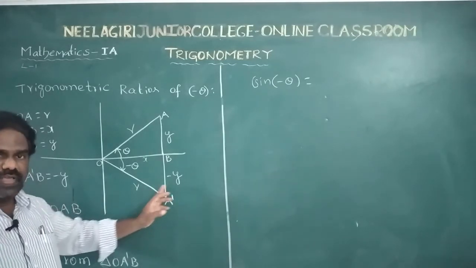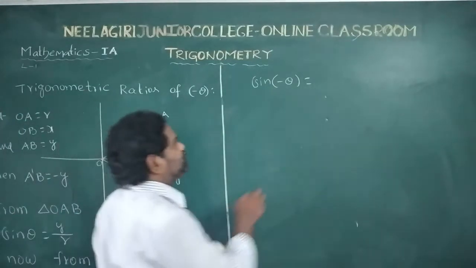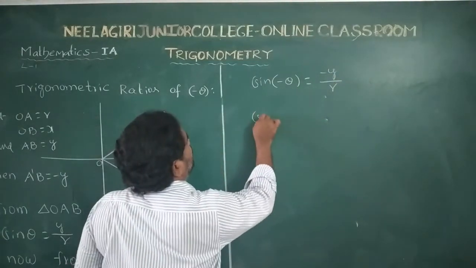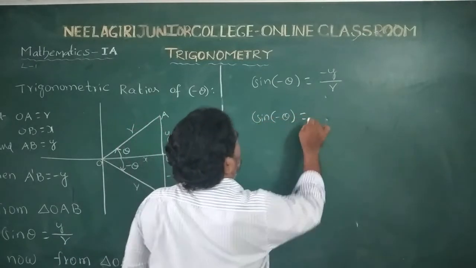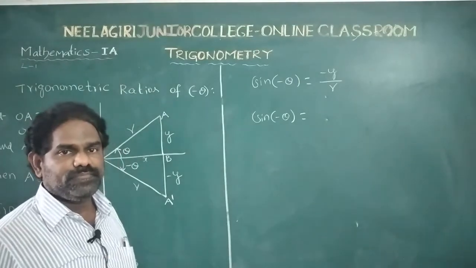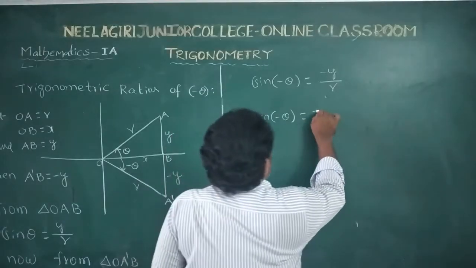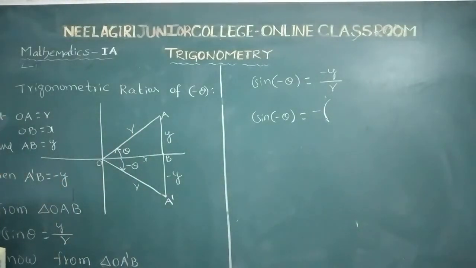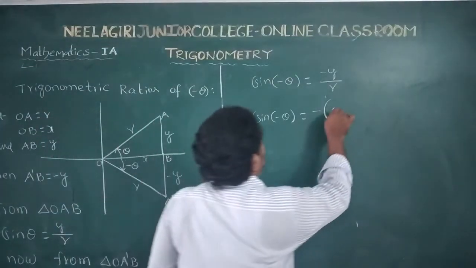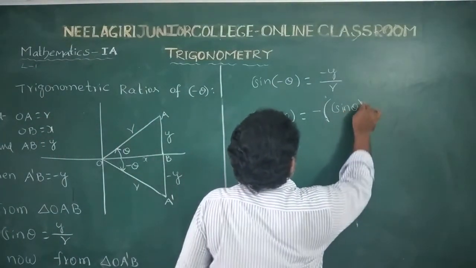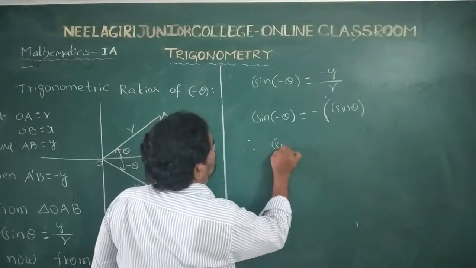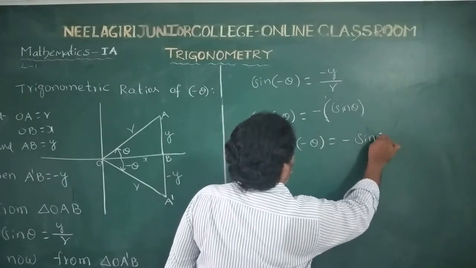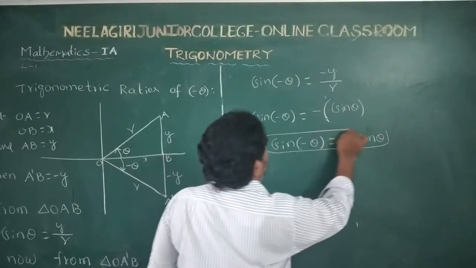Opposite side is minus y, hypotenuse is r, so minus y by r. This can be written as sin of minus theta equals minus y by r. The value of y by r is sin theta. So sin of minus theta equals minus sin theta.